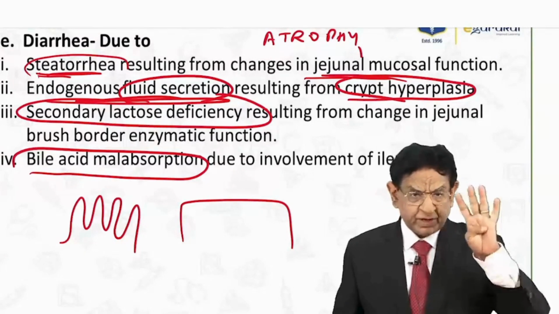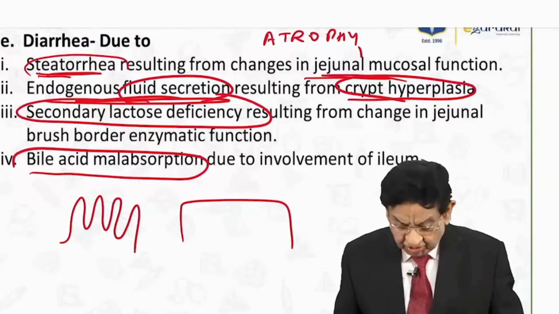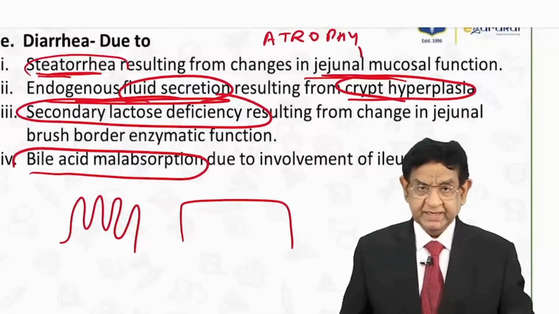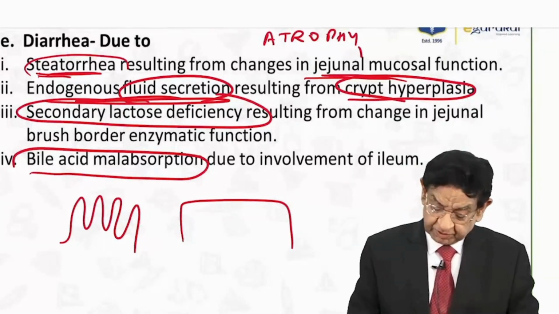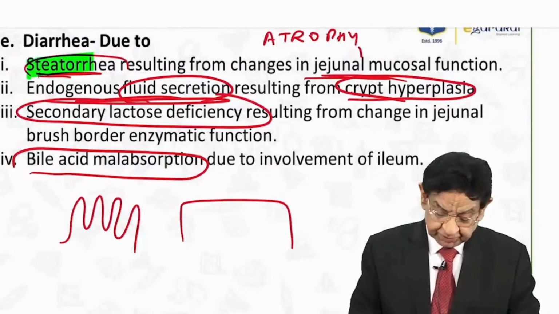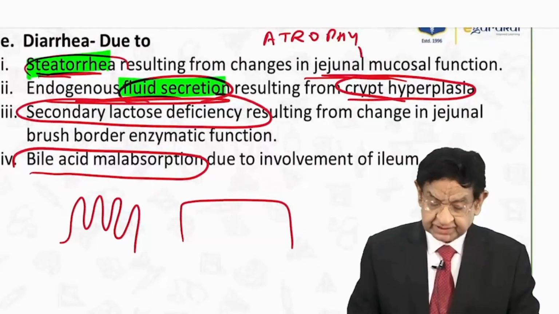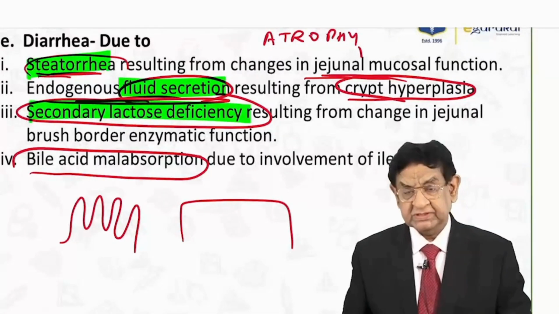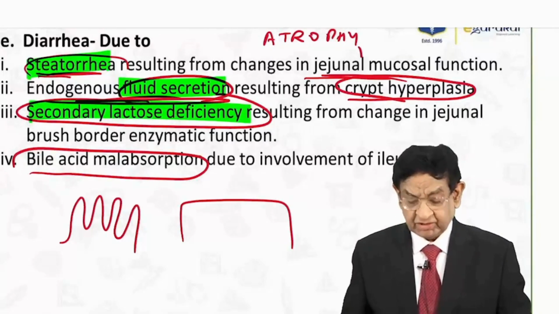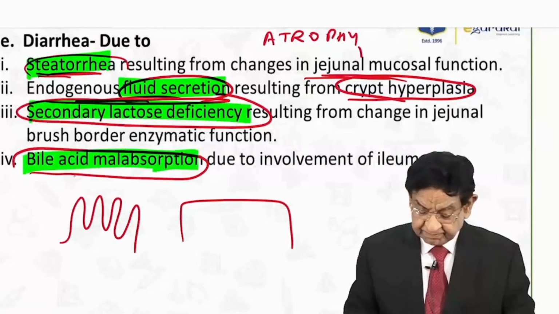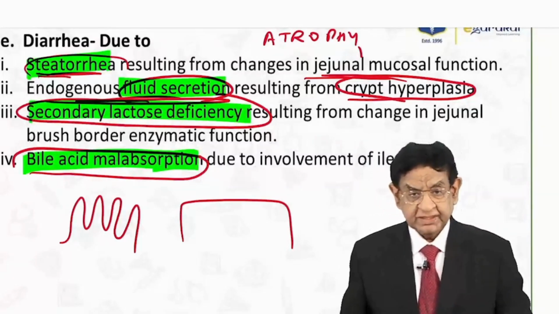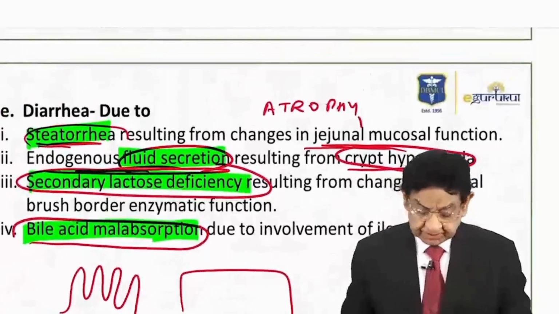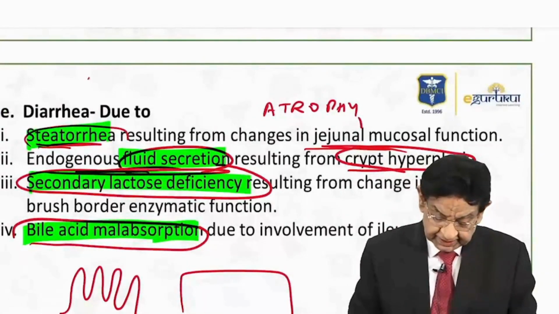So there are four pathophysiology reasons why the patient has diarrhea. The first is steatorrhea. Second is fluid secretion. Third is secondary lactose deficiency or intolerance. The fourth is bile acid malabsorption, which occurs in the ileum. They all contribute to diarrhea. So that is the pathophysiology of diarrhea.